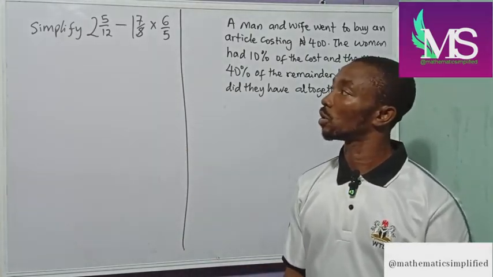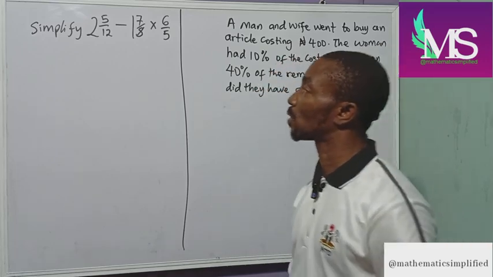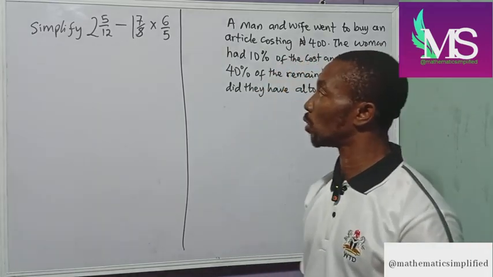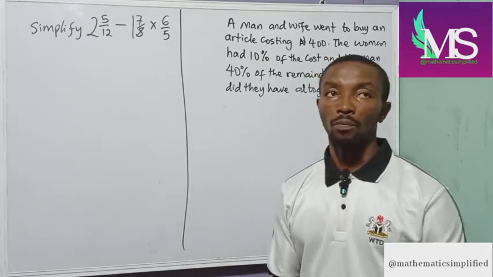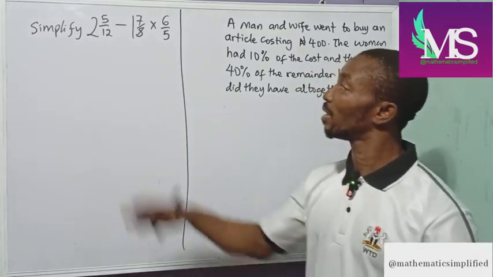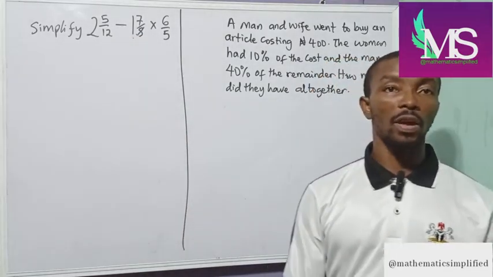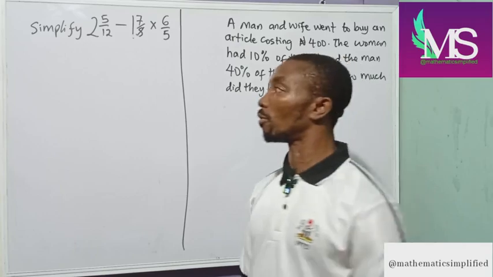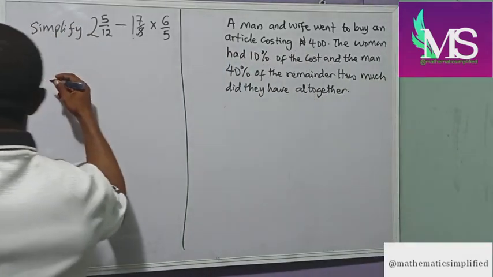Now, our first question says, simplify 2 whole number 5 over 12 minus 1 whole number 7 over 8 times 6 over 5. Most students will go ahead to start subtracting this, but here we need to apply the law of BODMAS.